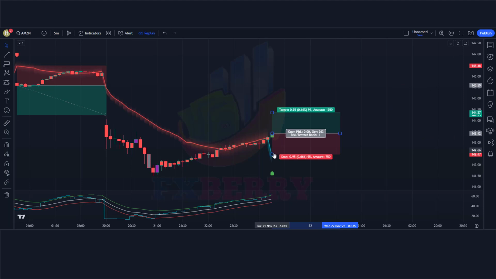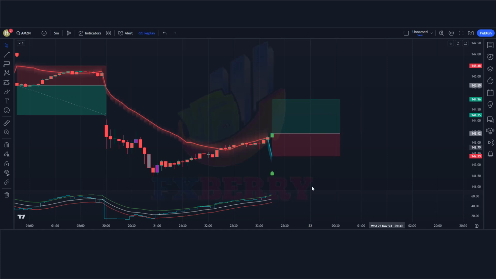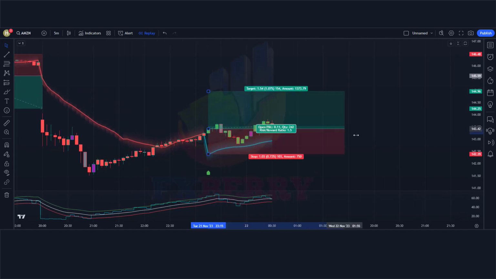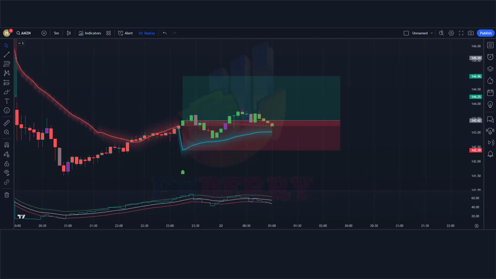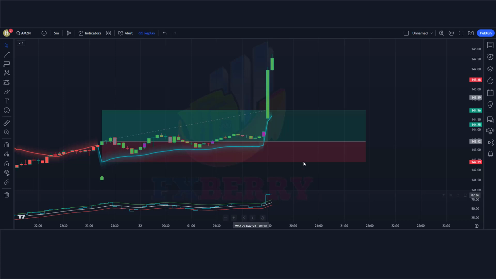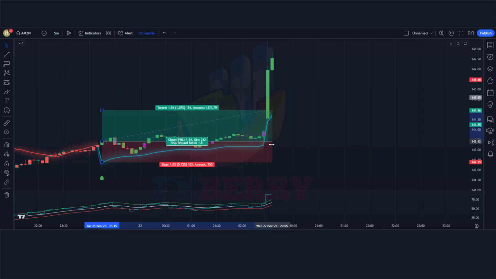Our stop loss will be placed at the RMI Trend Sniper indicator of EMA level, and the risk to reward ratio will be 1:1.5. The market has completely hit the target.